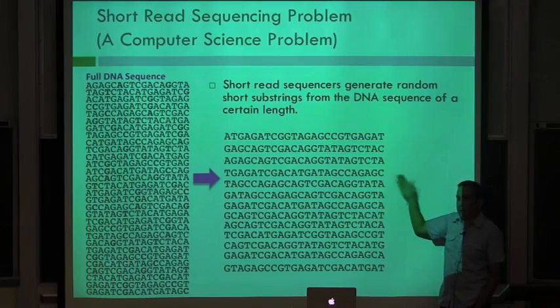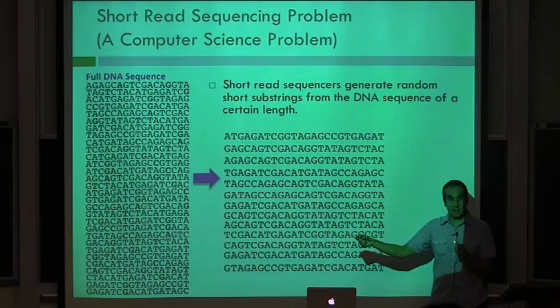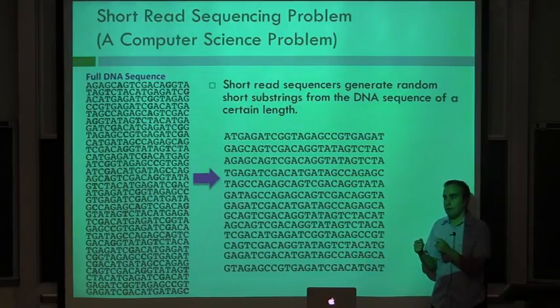And one way you can, of course, the sequencer doesn't work like this, but imagine the sequencer inside knows the full DNA sequence, and what it does is it picks a number from 1 to 3 billion, and whatever that number is, it just spits out maybe the sequence of the next 30 positions. But not what that number was. It doesn't output where that sequence started.